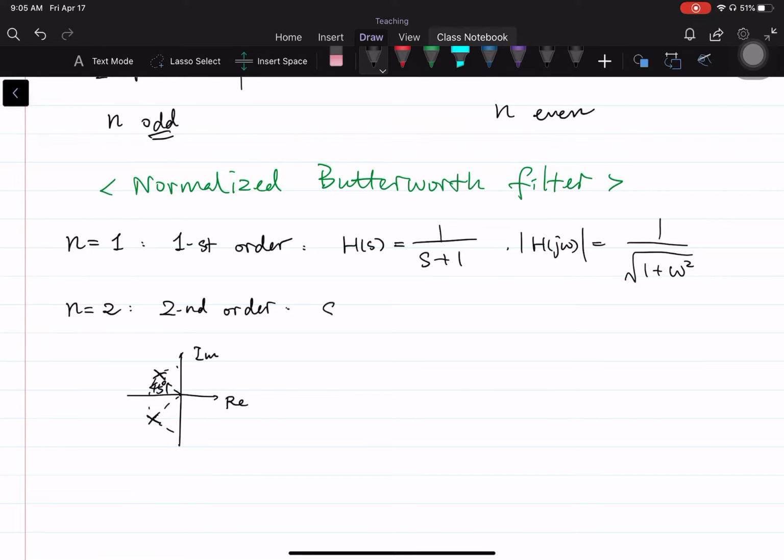So what does it mean? That means the two poles are at negative square root of 2 over 2, plus or minus j square root of 2 over 2. These are the positions of the two poles, easily found once you figure out where they are. And H of s, the transfer function, will be equal to 1 over the product of the pole factors. There are no zeros, always 1 on top.